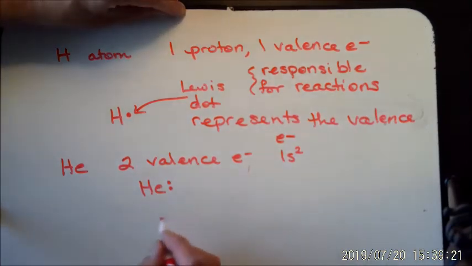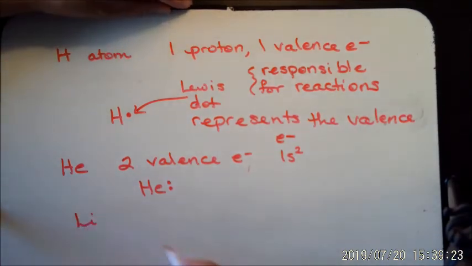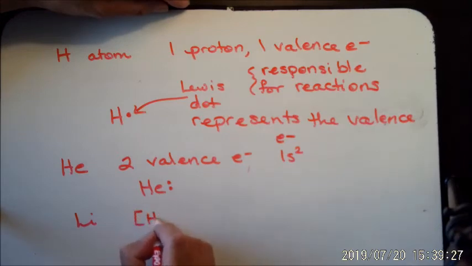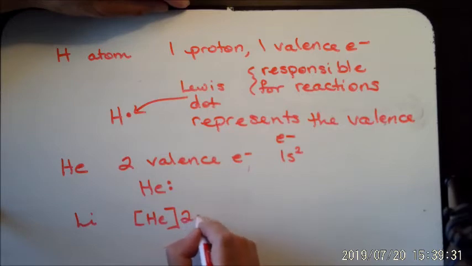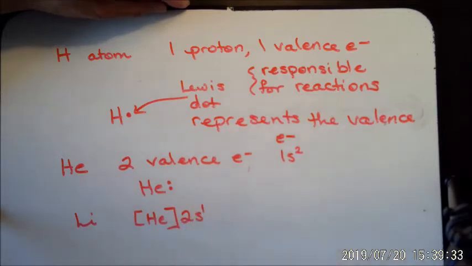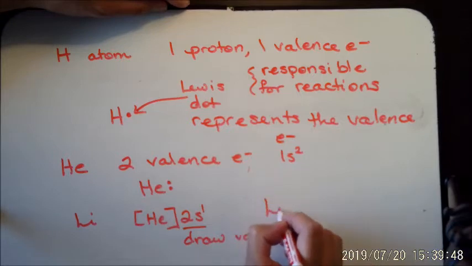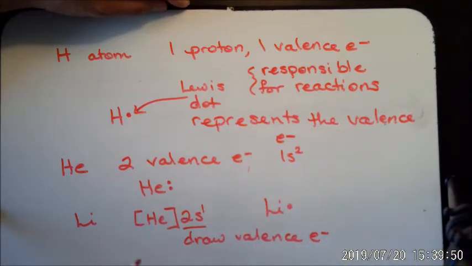Okay? Lithium. When we looked at the electron configuration, it was helium 2s1. Well, helium's the core, so we don't draw these two electrons. We only draw the valence electrons. So you would write lithium and one dot.